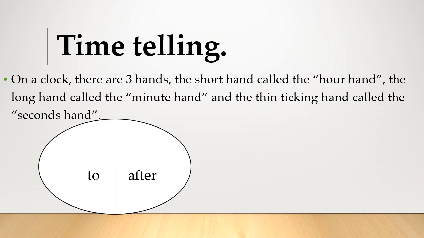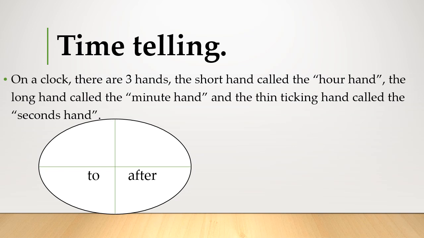You check the number the short hand is pointing at. Is it pointing at 3? You say to 3. Is it pointing at 2? You say to 2. Is it pointing at 4? You say to 4. Do you get it? Using the long hand, you know if it is "to" or "after". Then to know the hour it is going to or being passed from, you use the short hand and say the number it is pointing at.